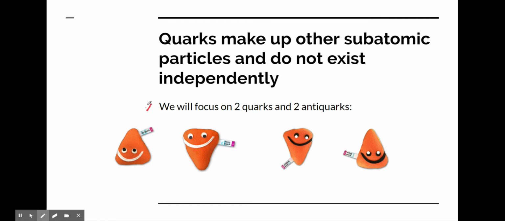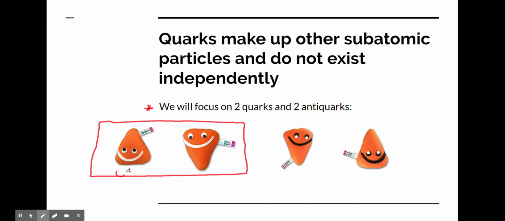We're going to focus our attention on two quarks and two anti-quarks. So here's our two quarks over here. And the quarks that we are going to focus on are this little guy here called the up quark, symbolized by this little Dorito-looking thing with its smiley face. And then there's the down quark.